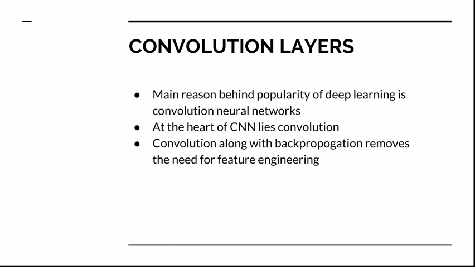Convolution along with back propagation removes the need for feature engineering in neural networks. That is one of the main powerful features of convolutional neural networks. Next I'm going to explain how we do the calculation to do a convolution.